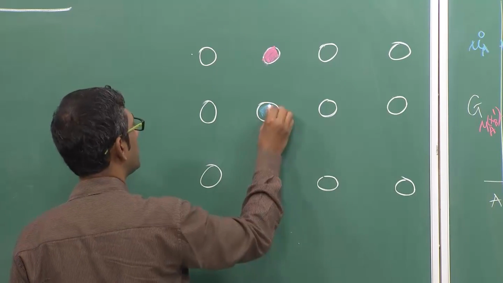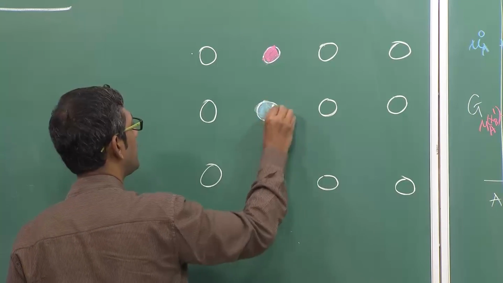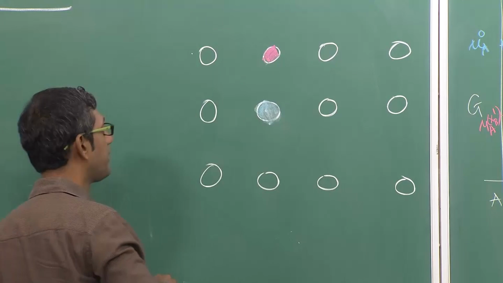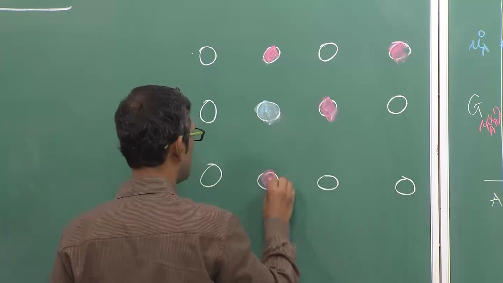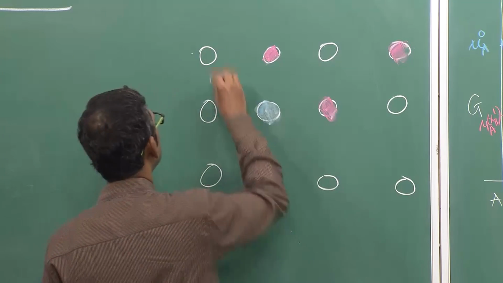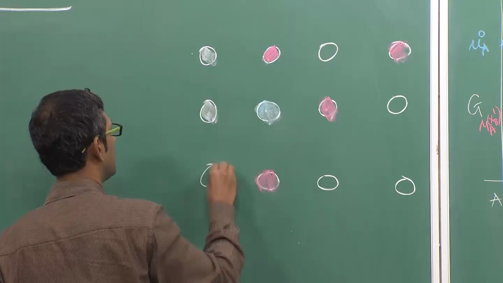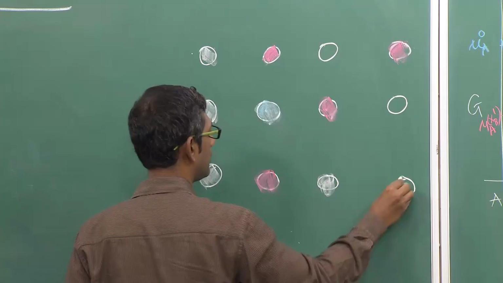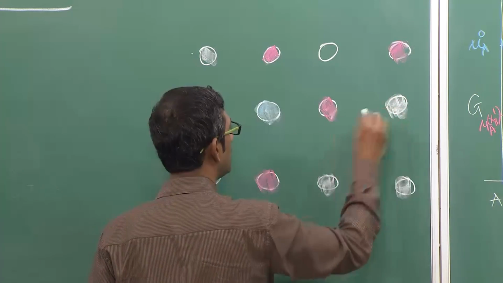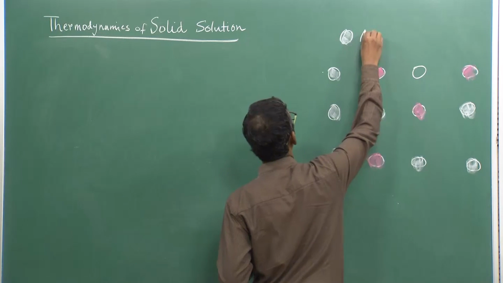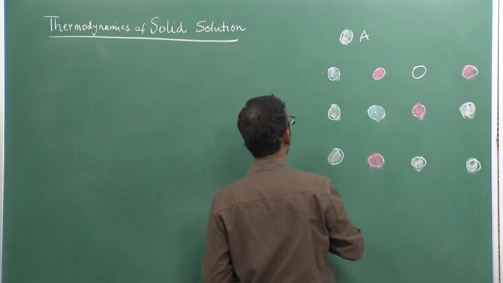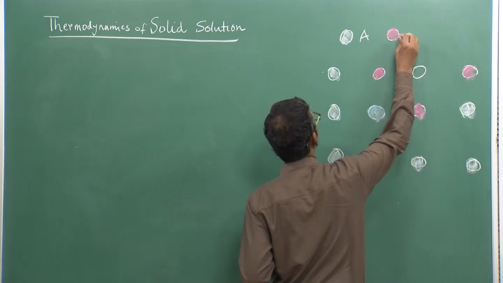Okay, let us put it in white so that you can see it. So, I do it for many. Okay, so these are all A atoms. So, for your understanding, let me write at the top, this I call A atoms and this I call B atoms.